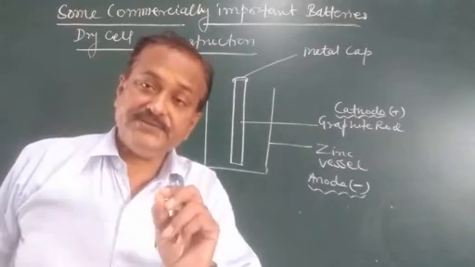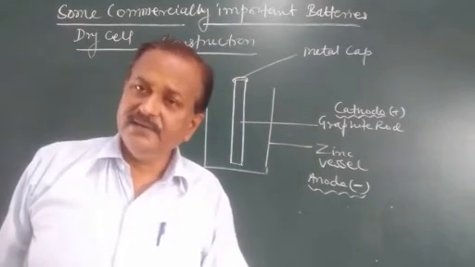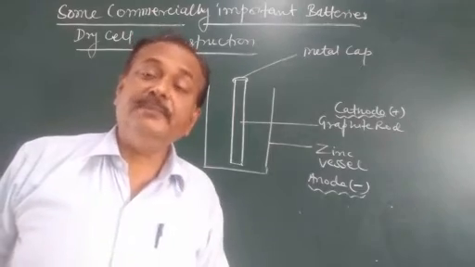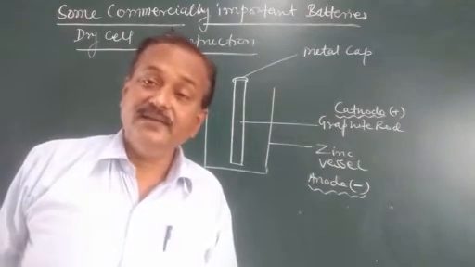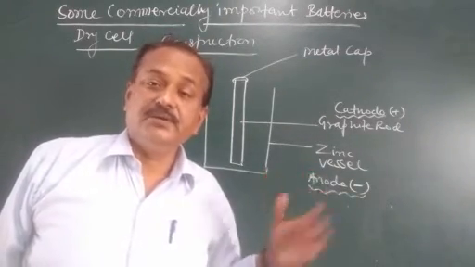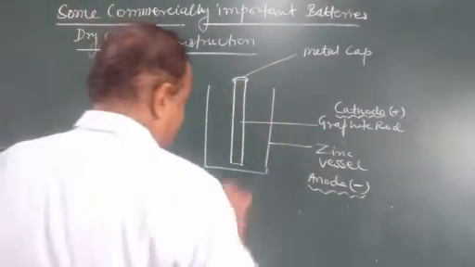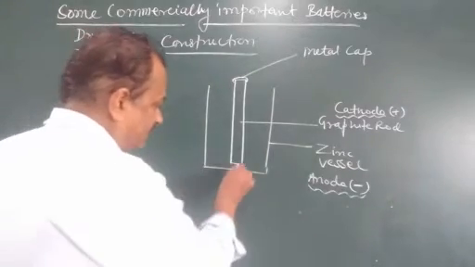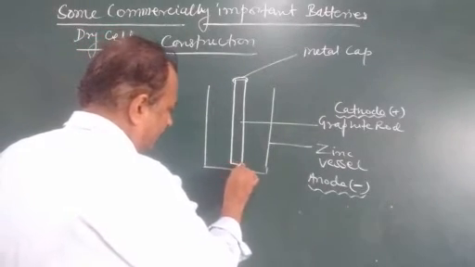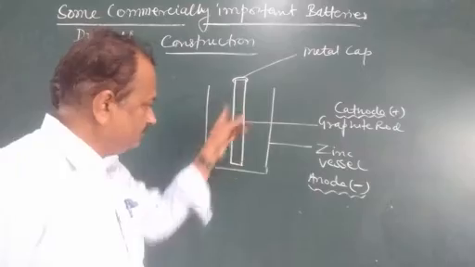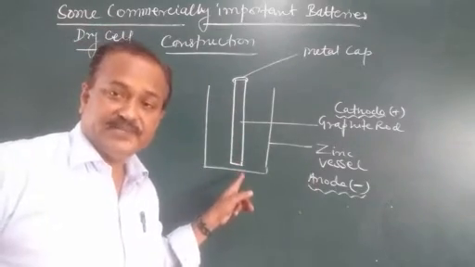Because graphite or carbon is brittle or susceptible to damage. It may break. Now you have to see it never touches the bottom. There is always a distance between this and this.